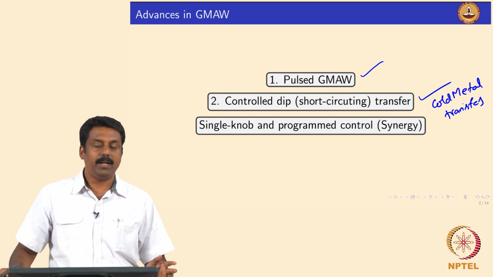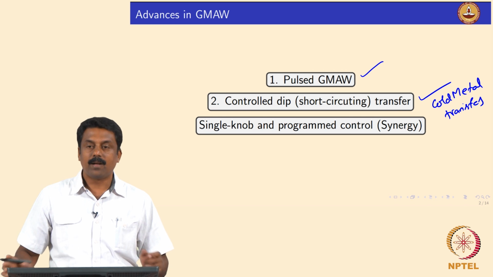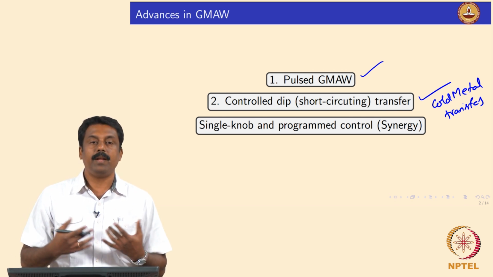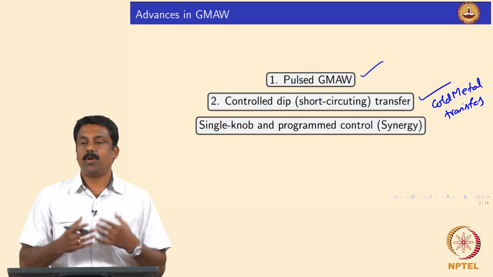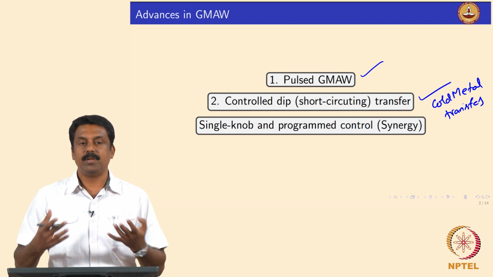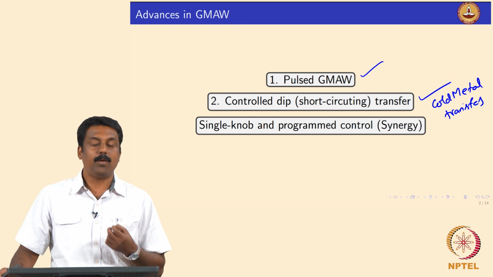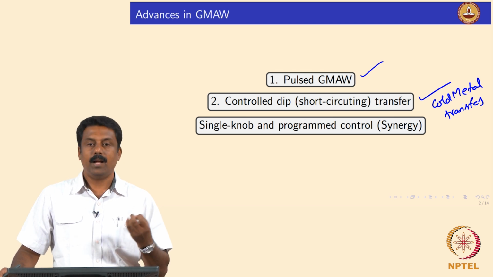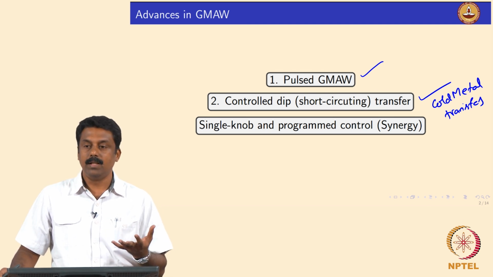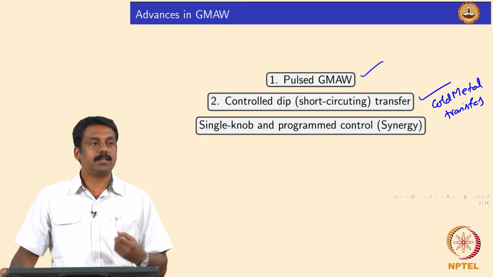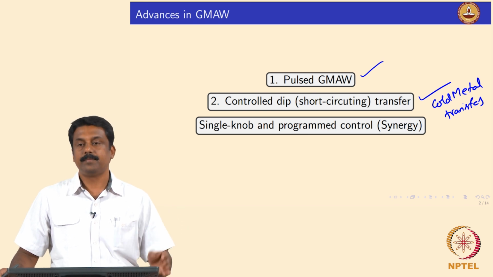So that means that you create an enormous amount of Lorentz force plus Joule heating of the electrode. Okay. So when you have uncontrolled current passing through when the short circuit happens, the droplet develops an enormous amount of Lorentz force as well as magnetic field, which may cause the droplet to explode, and that can cause serious turbulence in the weld pool, and those exploding droplets and the weld pool can cause severe spatter.